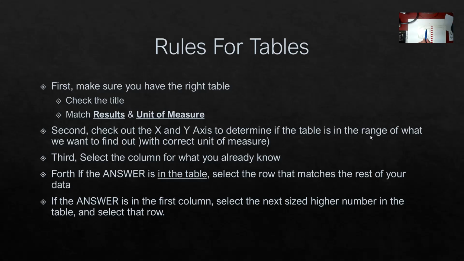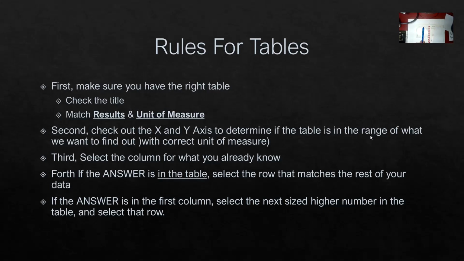Like in the example I gave earlier, SO cord was not offered as a cable type, so I couldn't use that ampacity table because it didn't have SO cord. Then I go down the left and make sure that it's a range. In the case of this table, it's got horsepowers from 1/6 horsepower up to 10 horsepower. So if I'm looking for the current in a 20 horsepower motor, this table isn't going to do the job.